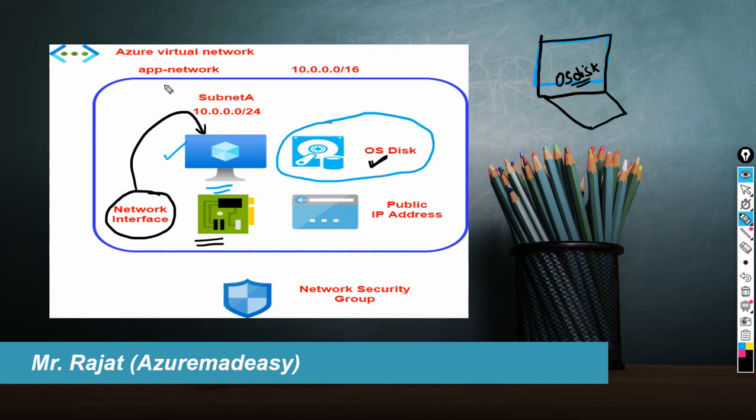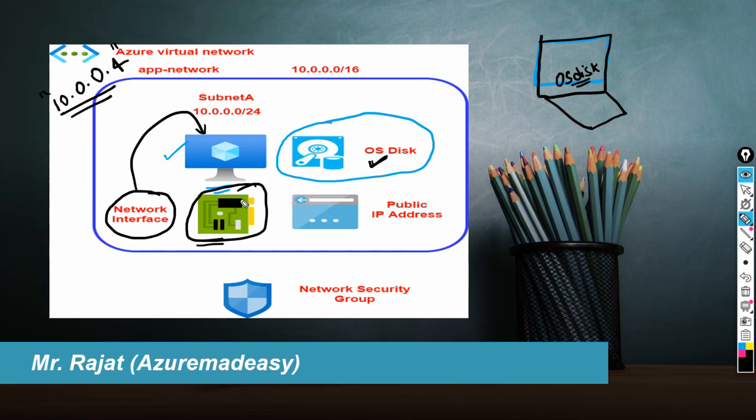As you all might know, whenever we say this VM has this IP address, who is providing the IP address? The IP address is provided by the network interface card.